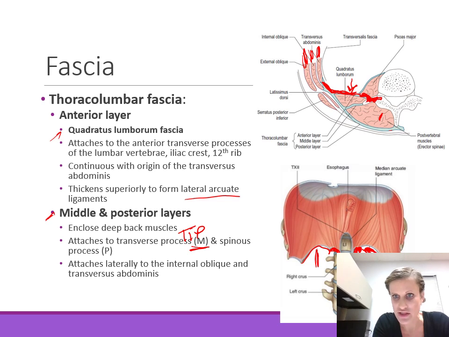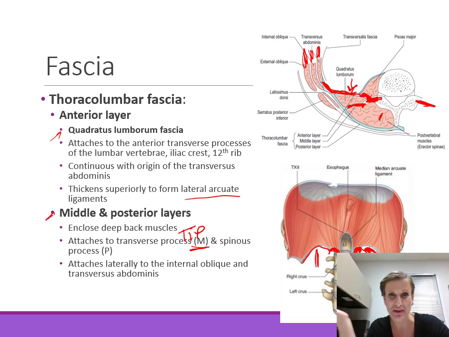Again, this transverse process goes out to the sides, and the middle layer attaches just to the tip of it. So the anterior layer attached to the anterior surface, the middle layer attaches to the tip, and then we'll see the posterior layer attaches to the spinous process.